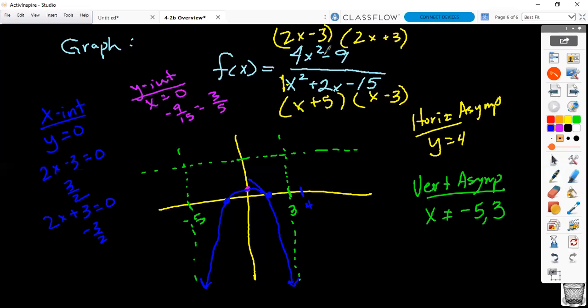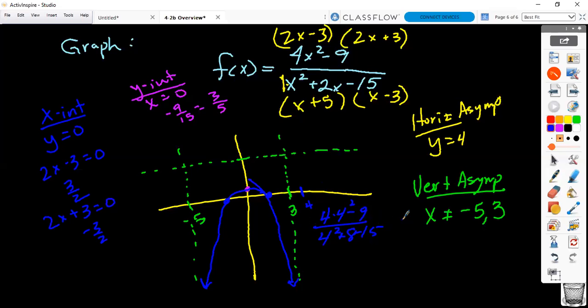So in my numerator there, if I'm putting in that 4, it gave me 4 times 4 squared minus 9, all divided by 4 squared plus 2 times 4 would be 8 minus 15.